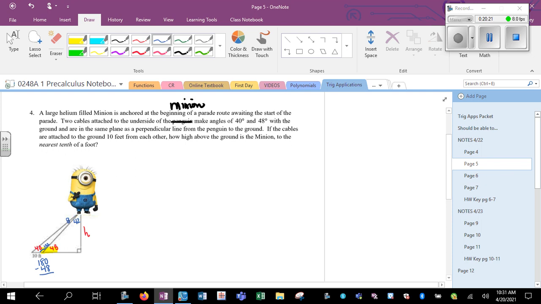Okay. When you have a relationship like this, you're always going to start in the non-right triangle. So we're starting in that really skinny non-right triangle, and we're going to use the law of sines. I like to always, always, always find the shared side, so I'm going to call it x.